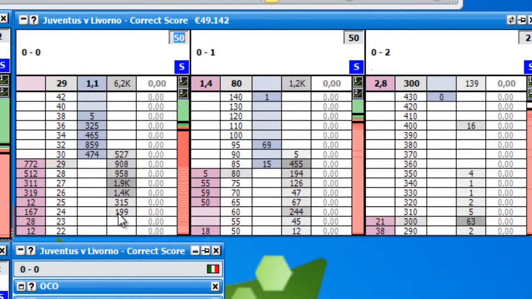You can see also here that the odd has drifted. So the lowest odd what was matched was 24, and now we are up to 30. So more people are thinking that the end result will not be 0-0, and this is a good sign for us. For the liquidity, well, it's now around 50,000 euros what is fully matched at the correct score market.